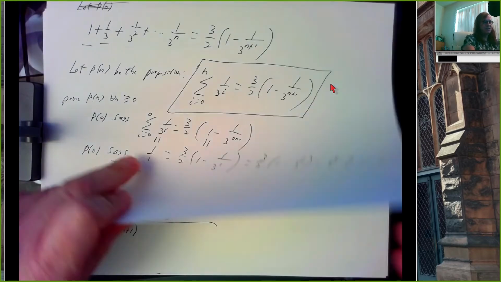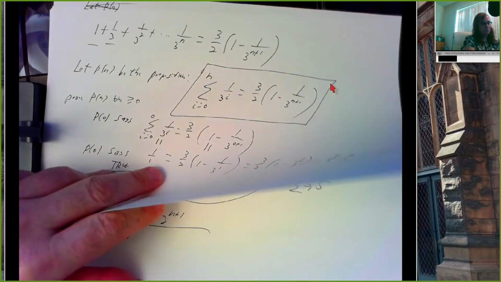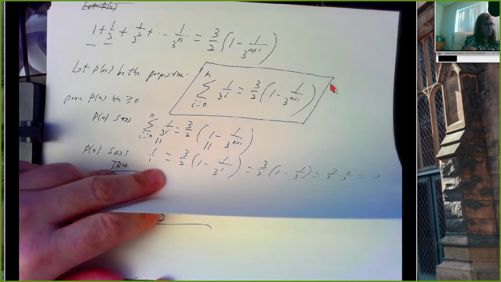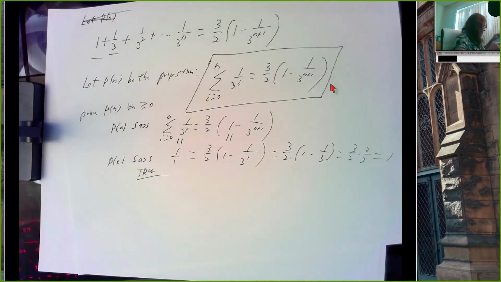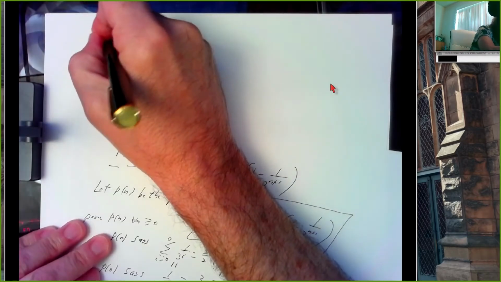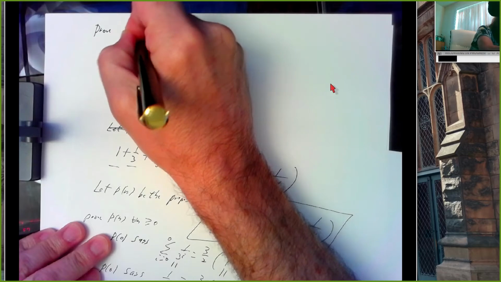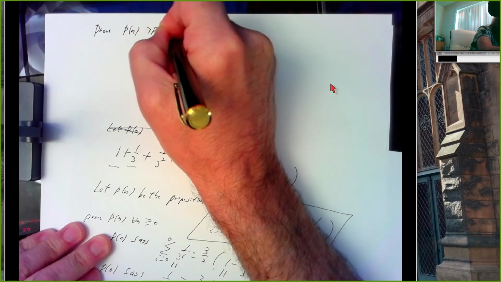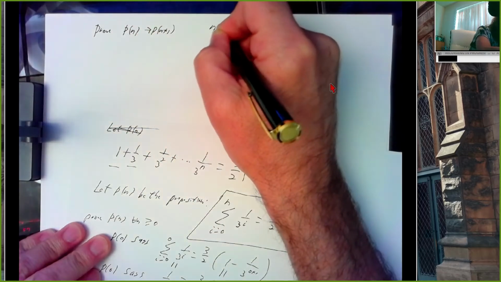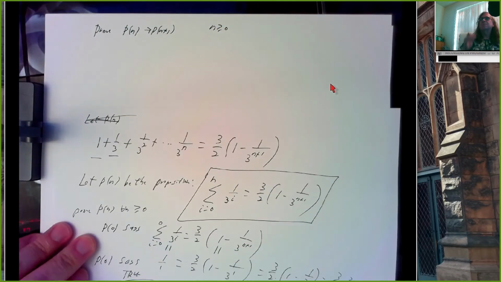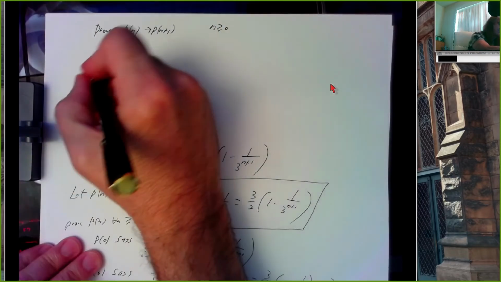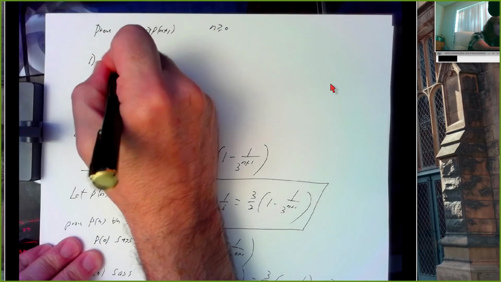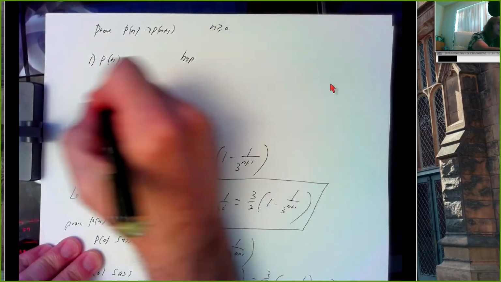So the inductive step. So let's show P of n implies P of n plus 1. So prove P of n implies P of n plus 1. And this is where n is some number bigger than or equal to 0. Okay, statement 1 will state P of n, that's a hypothesis.